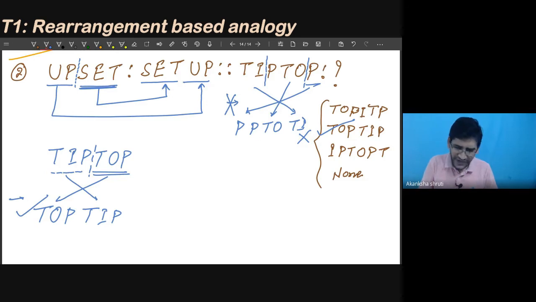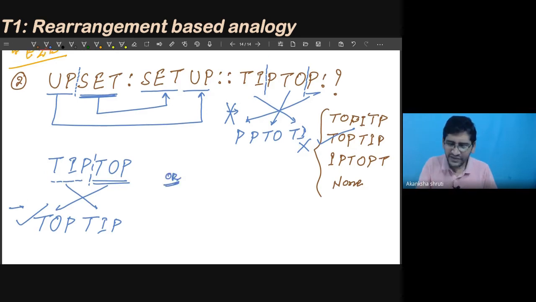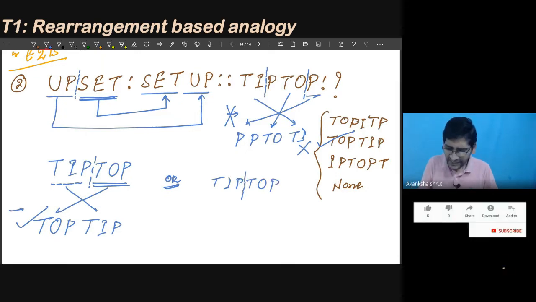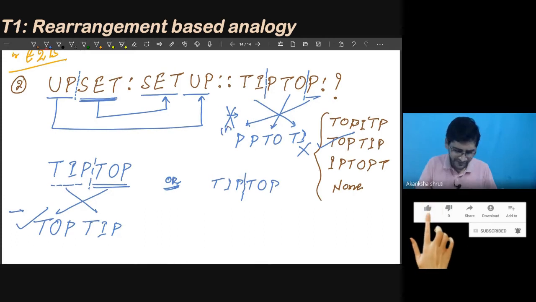Other approach you may take, you may think for the 3 at first and 3 at end, if you are taking like this TIP, TOP, so 3 at first, 3 at end, whether it is going to give you any new result? No, it is same as the second one. So first trial we have taken this, the second trial, the third trial.